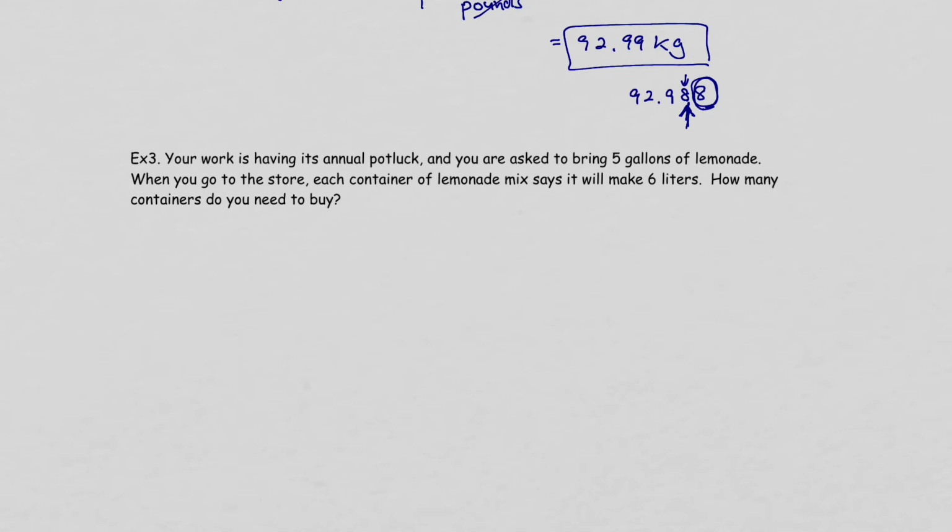Right, so let's do that. So 5 gallons. You want to convert it into liters first. The conversion from gallons to liters is 3.785 liters over 1 gallon.